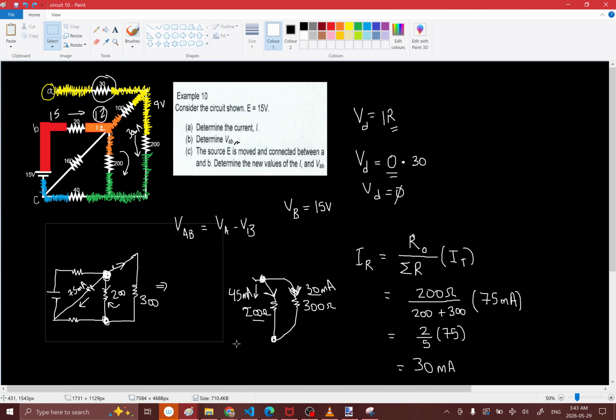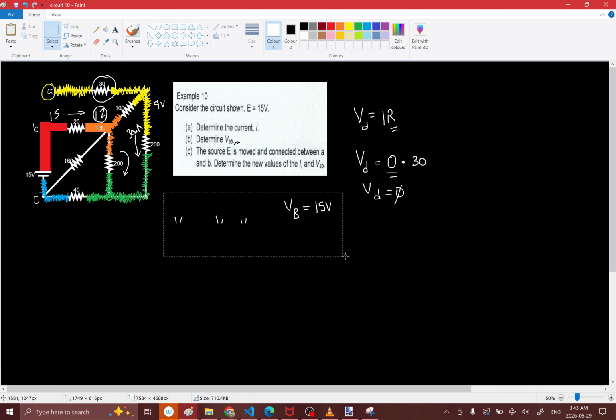Okay, so let's get rid of all this. Alright, so we know that 30 milliamps goes down this yellow path. If 30 milliamps go down that path, we can find out the voltage drop here.